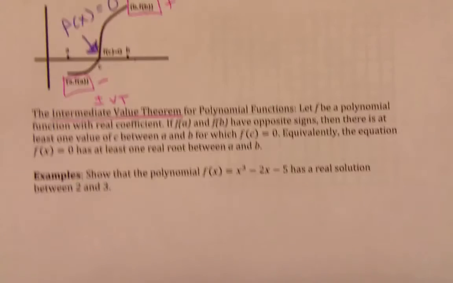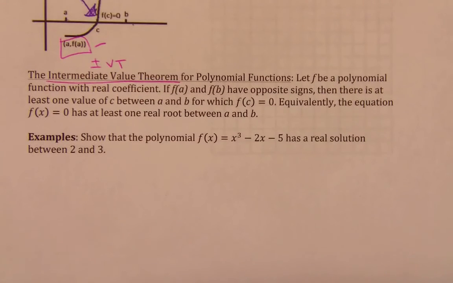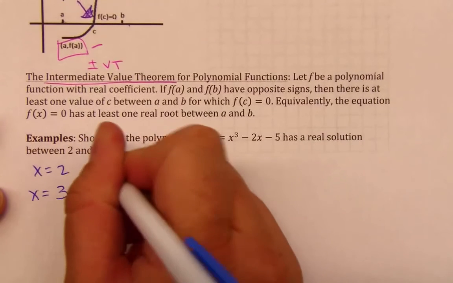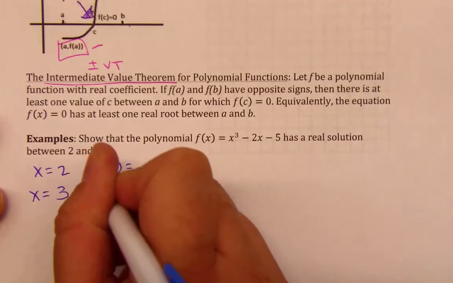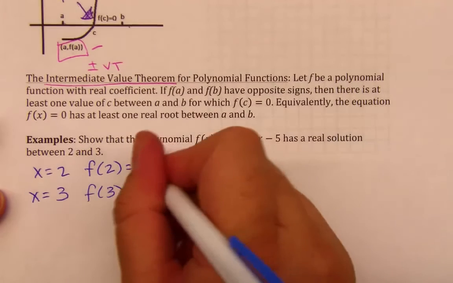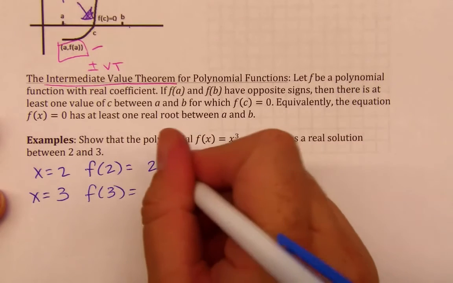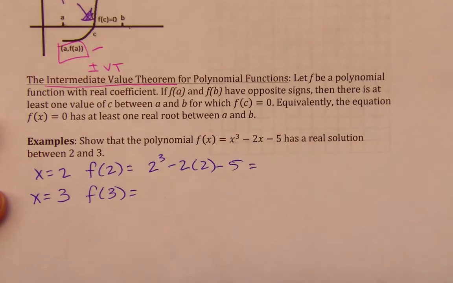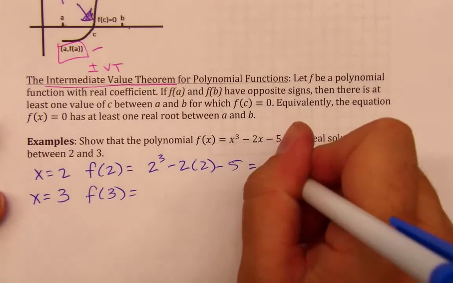So I'm going to go ahead and look down at our first example here. It says, show that the polynomial f of x has a real solution or a root between 2 and 3. So in order to show that, we want to look at f of x at 2, and we want to look at f of x at 3. So plugging in those values, 2 cubed minus 2 times 2 minus 5 is equal to -1.